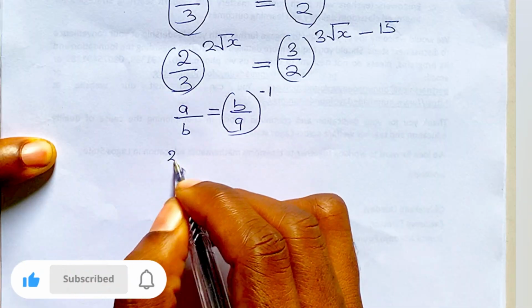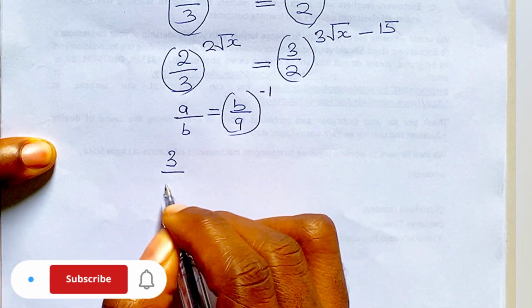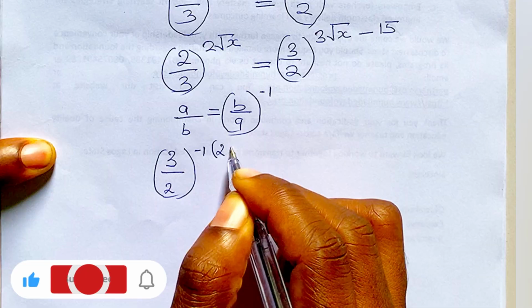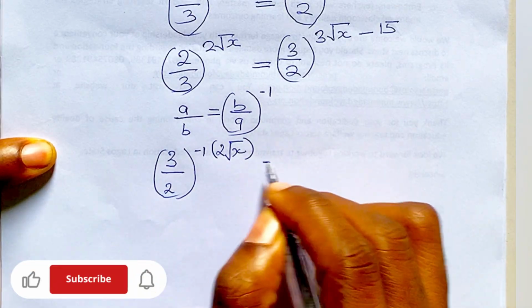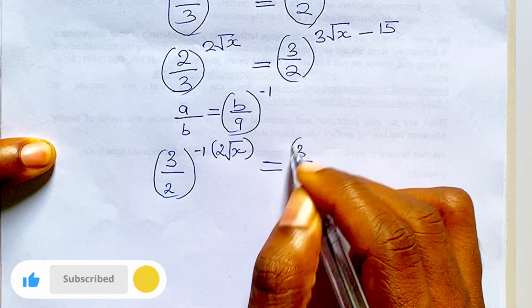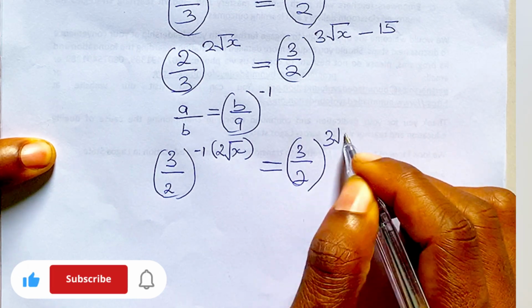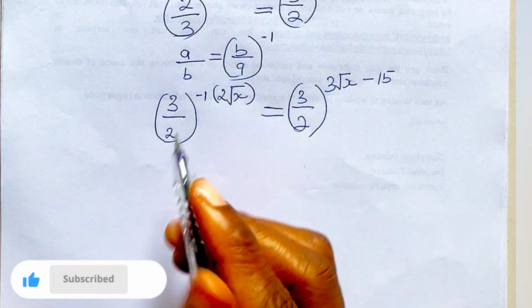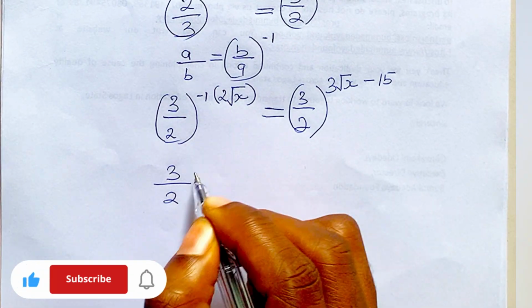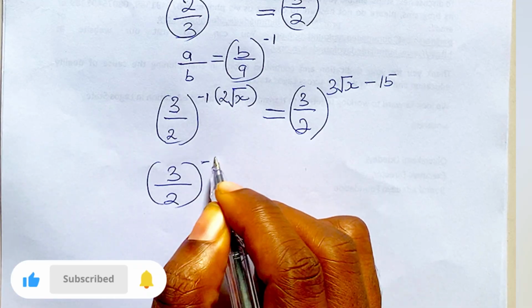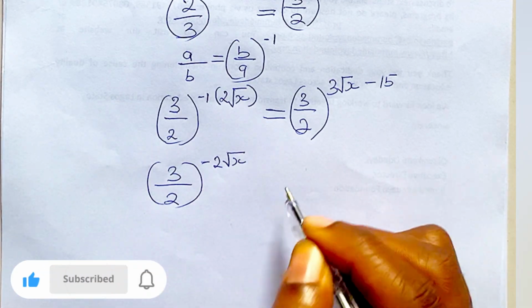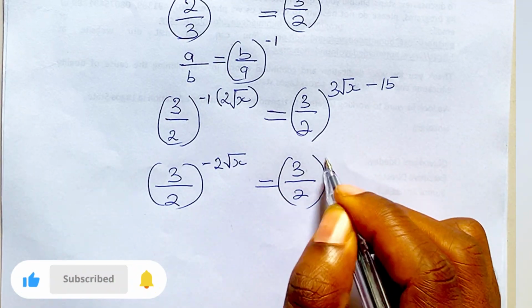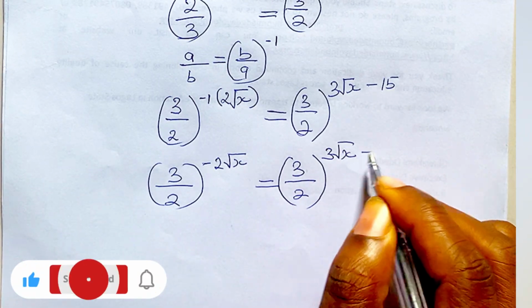So this becomes (3/2)^(−1) multiplied by 2√x, and that's equal to (3/2)^(3√x − 15). So this is (3/2)^(−2√x) = (3/2)^(3√x − 15).